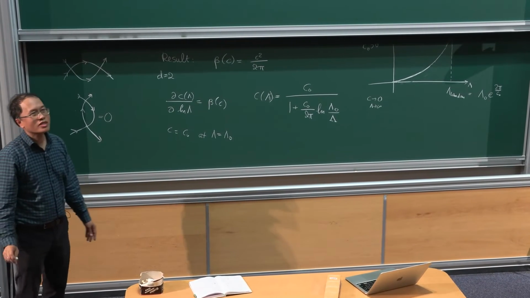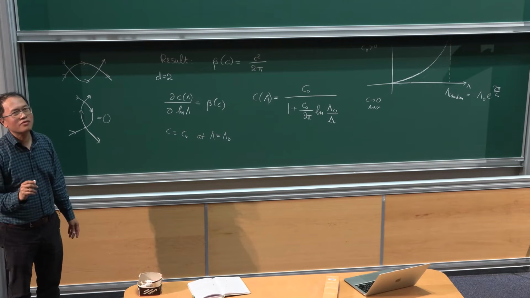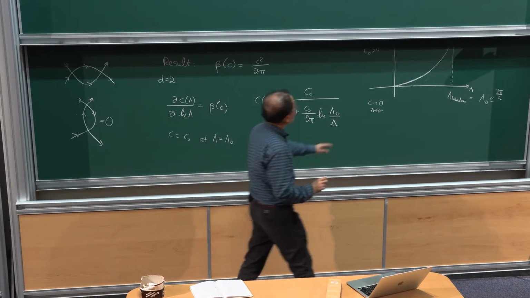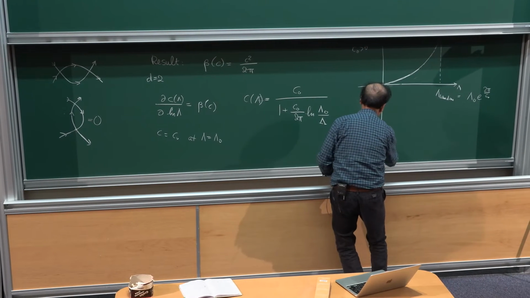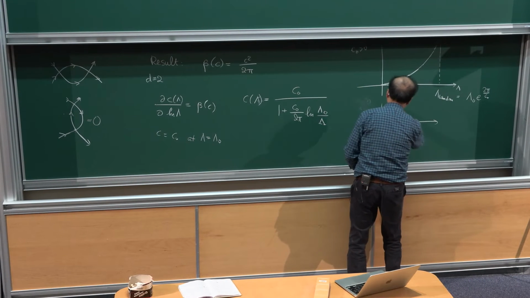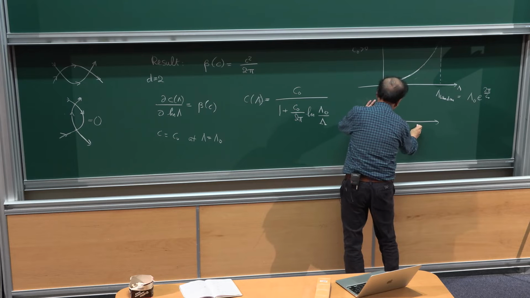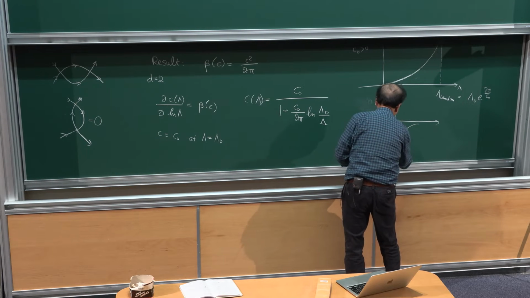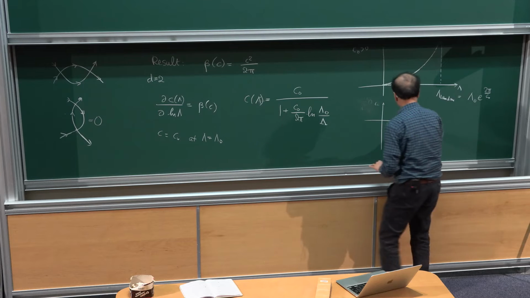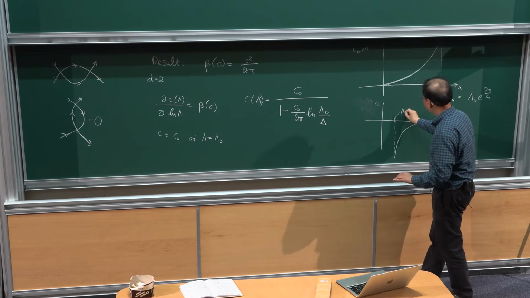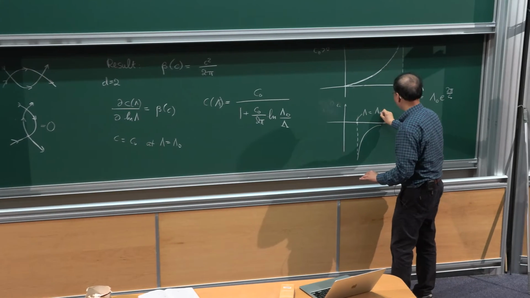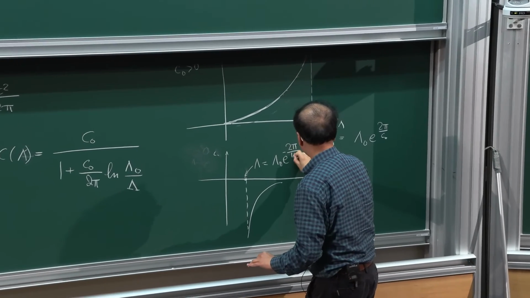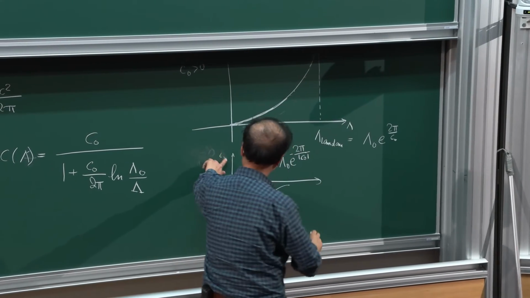But if the coupling constant starts at a negative value, then the situation is very different. If it starts at some negative value, it will blow up at a finite lambda, lambda equal to lambda naught e to the minus 2 pi over the absolute value of C naught, since C naught is now negative.